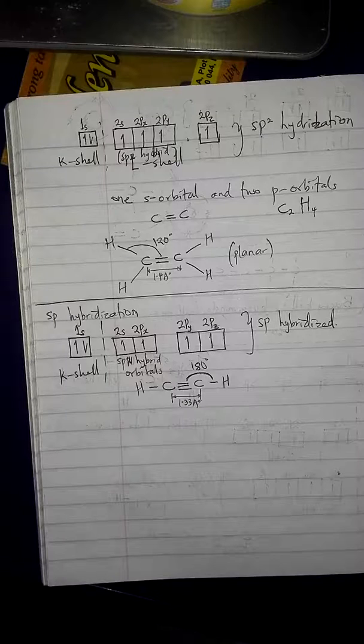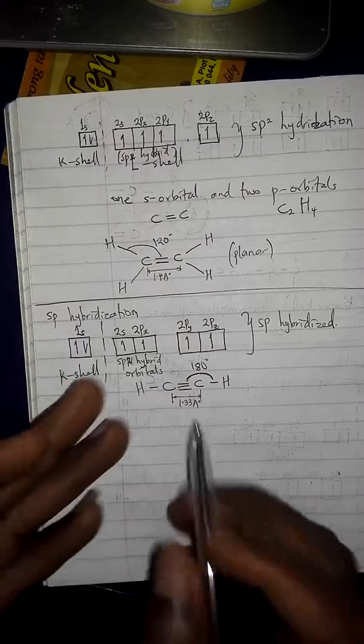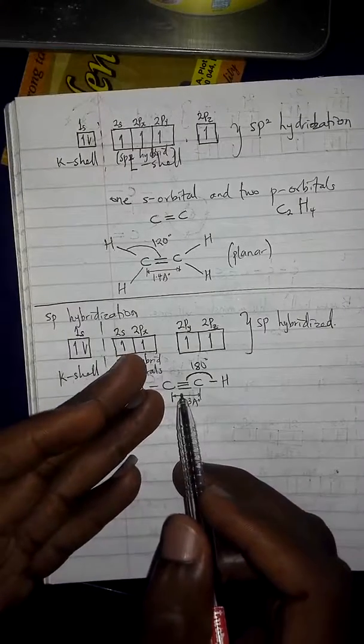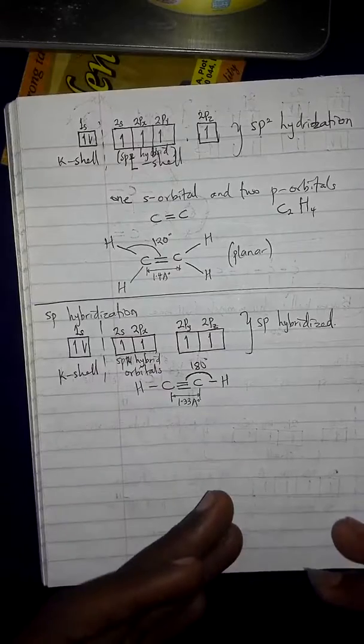Now, if you follow this carefully, you should know by now that you can have a compound that contains more than one hybridization, so to speak. For instance, you can have a compound that contains carbon to carbon triple bonds as well as carbon to carbon single bonds.